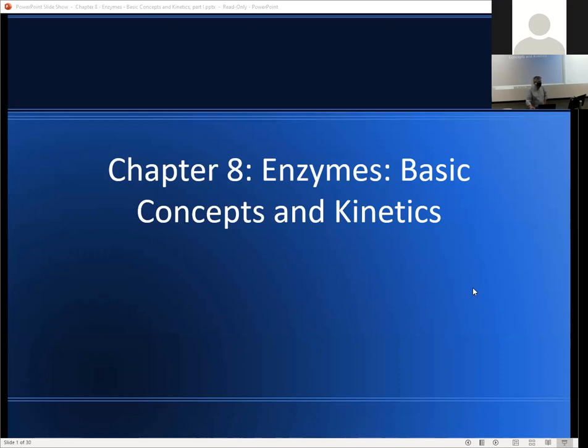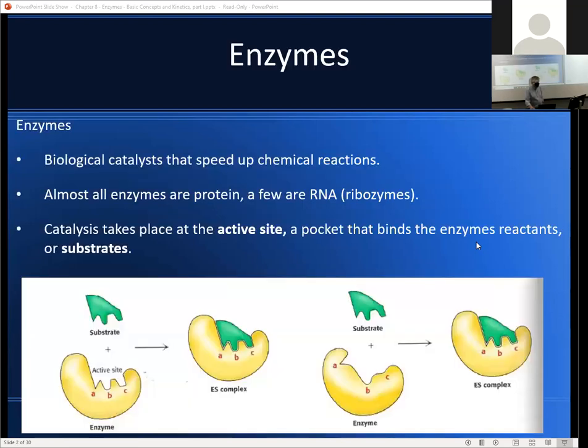All right, so next we're going to talk about enzymes. Enzymes are biological catalysts that speed up chemical reactions.